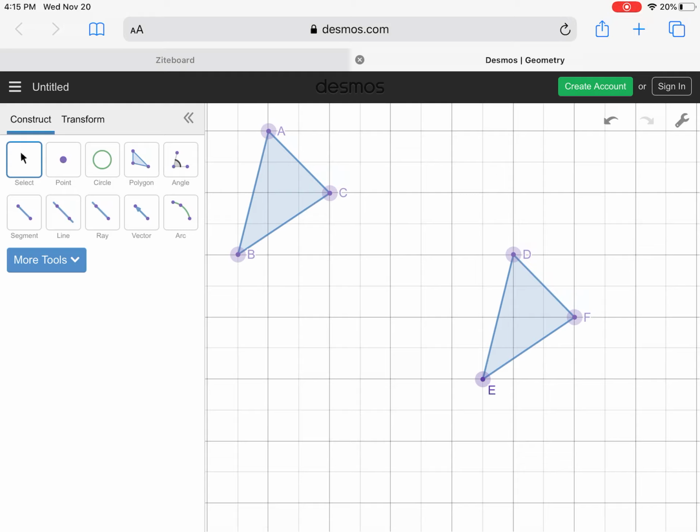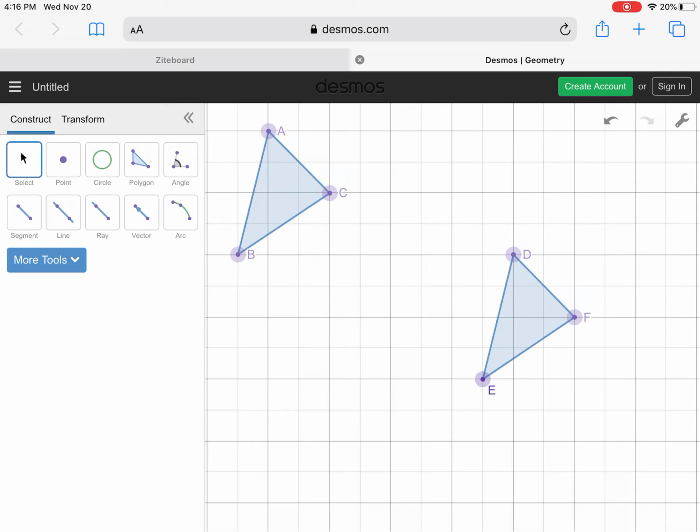So those are my corresponding sides. My corresponding angles are A and D, then B and E, and C and F. In this case, they're exactly the same size.